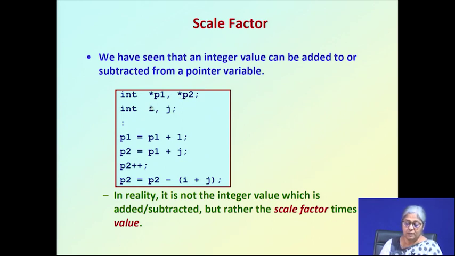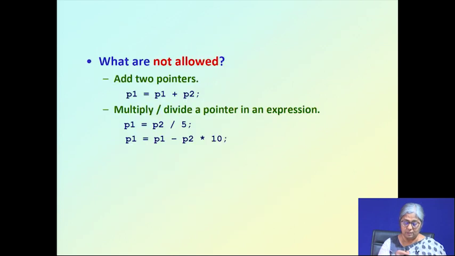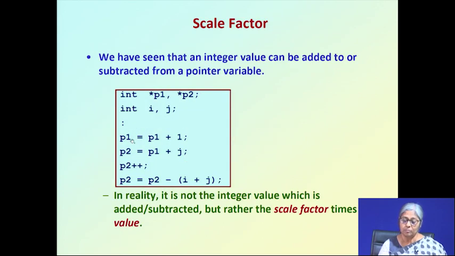Then P1 = P1 + 1. That means P1 holds an address, and if we add 1 here, it is allowed. Please see, I told you P1 = P1 + P2 is not allowed, but P1 = P1 + 1, that means some integer value, is allowed.